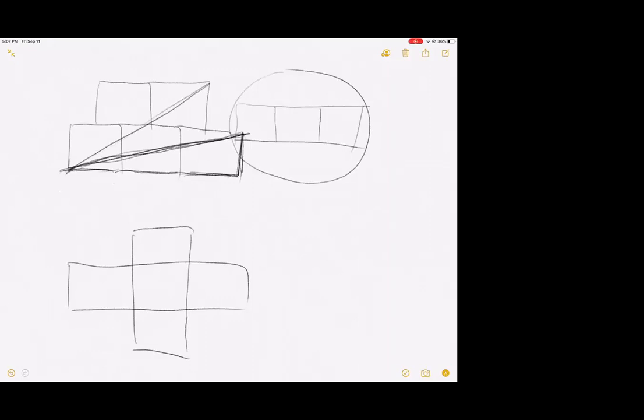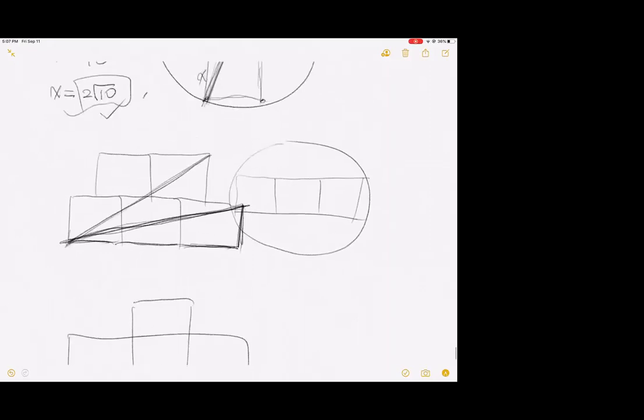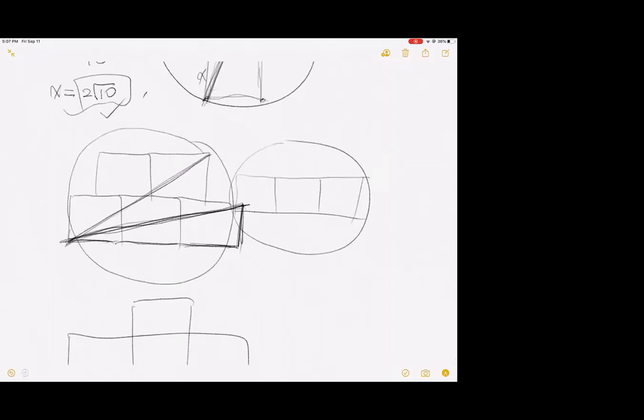let's say you connect these two, and this was a diameter and you draw a circle. Think about how long these line segments are. When you draw a circle, find out the diameter. This will be the diameter.